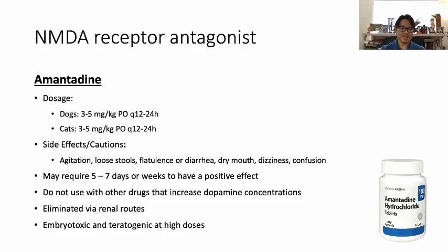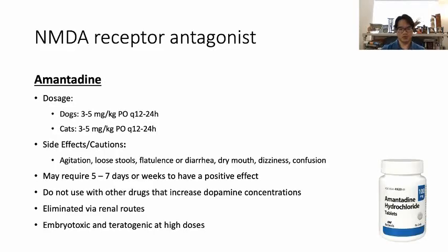Common side effects of amantadine include agitation, loose stool, flatulence or diarrhea, dry mouth, dizziness, and confusion. Amantadine may require 5 to 7 days, or sometimes even longer, to have a positive effect. And do not use it with other medications that could increase dopamine concentration, because amantadine also increases dopamine level within the body. Amantadine is eliminated through renal routes, just like gabapentin.